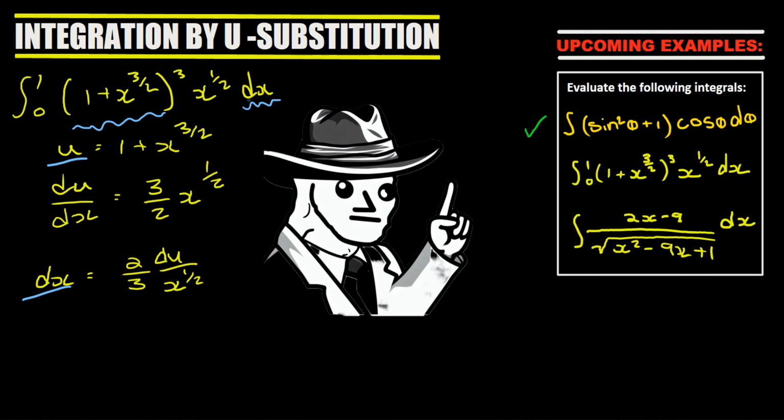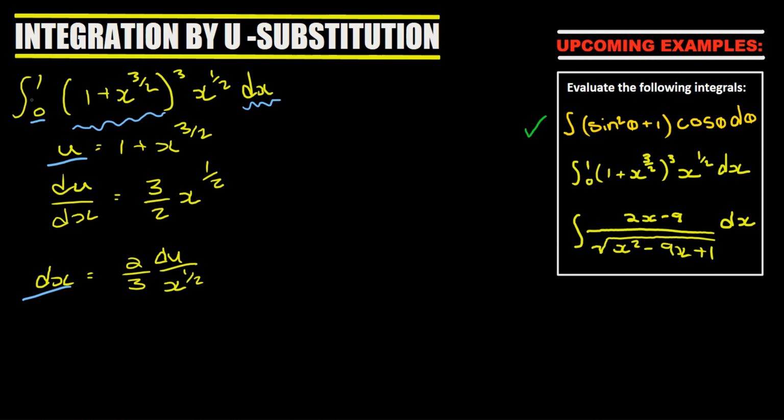But before you do that, it is important to change these limits to u limits. To do that, you substitute the original values into your u function and find your new u limits. So u equals 1 plus 1, which is equal to 2, and u is equal to 1 plus 0, which is equal to 1.